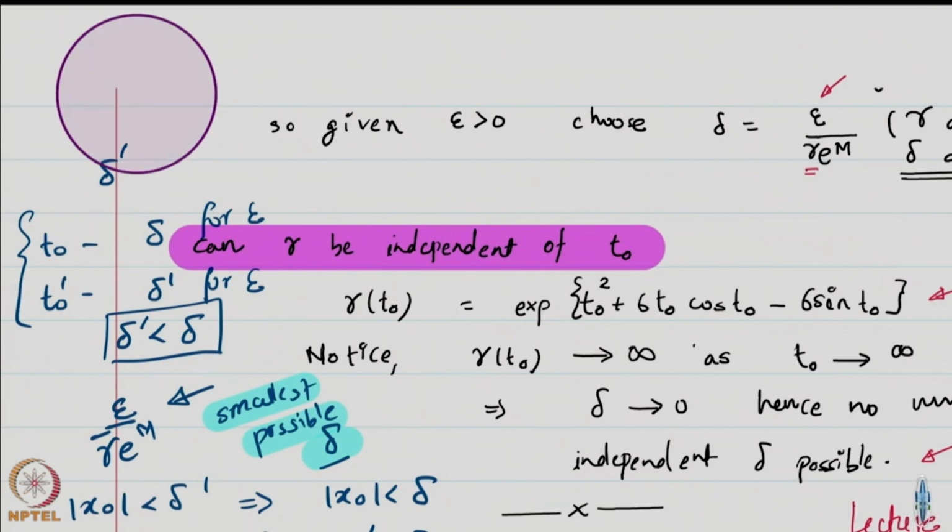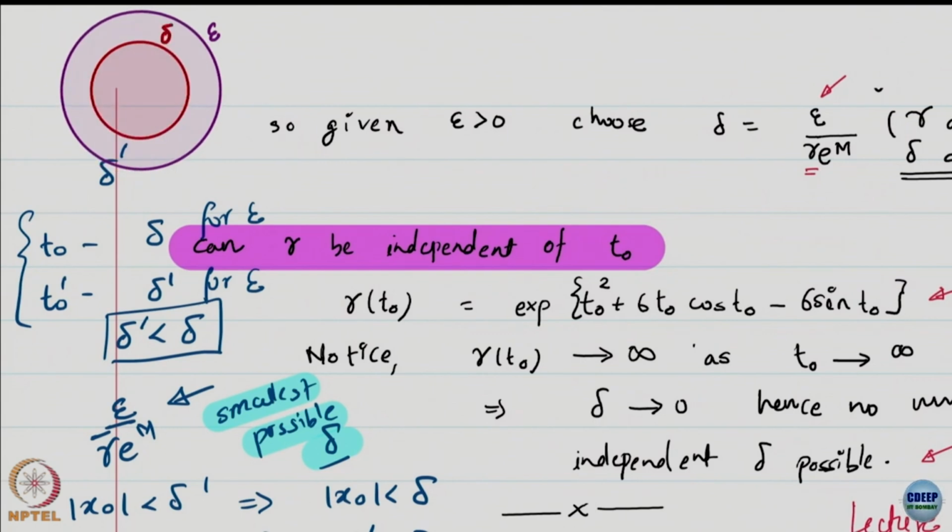epsilon ball, and then I give you some initial time. Corresponding to that, I give you a T0, and corresponding to that I have a delta ball. I would say this is the delta ball.